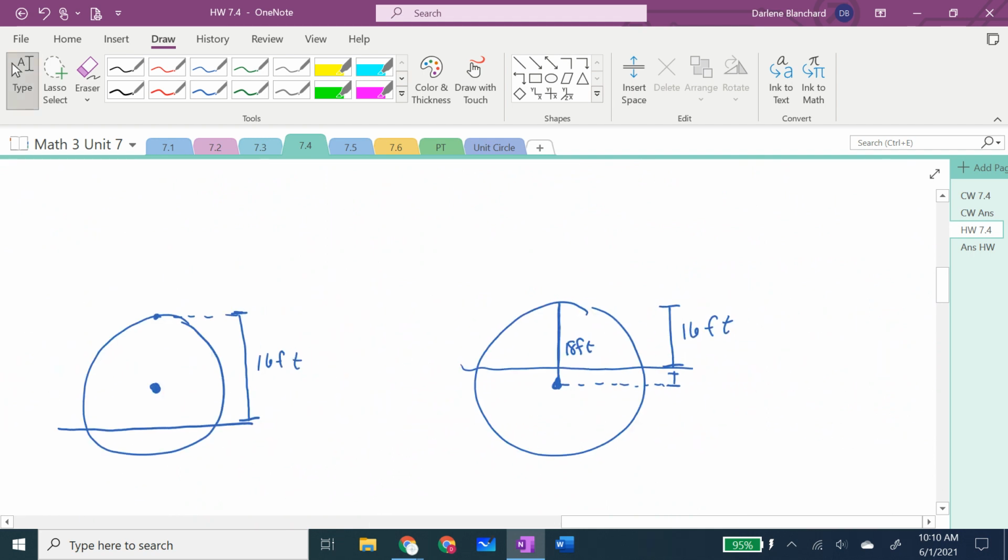Oh, no. Okay, so I've got, this is 16 feet. This is 18 feet. And so that means that the center of my circle is -2 feet. So it's under the surface based on those measurements. Maybe I should look up a picture of it. What?